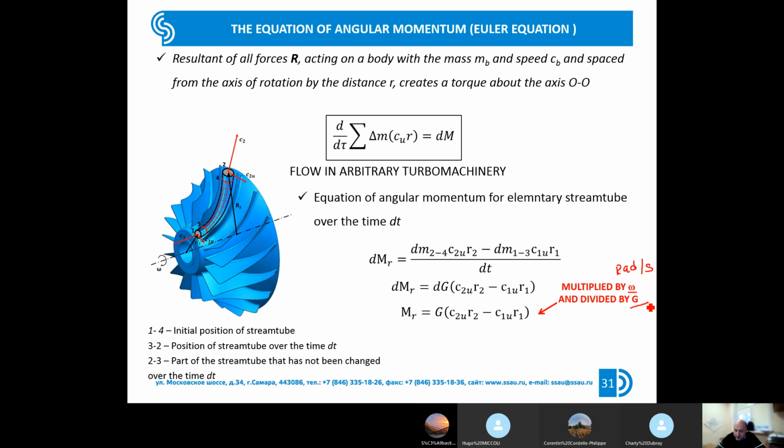What will we receive? First, at the left part of the equation, we will receive torque, momentum, multiplied by angular velocity. What will it give us?